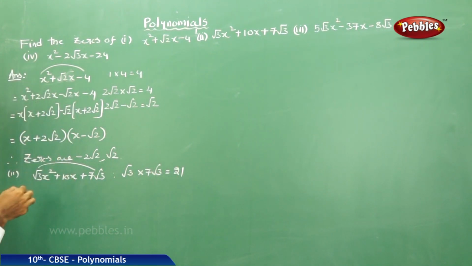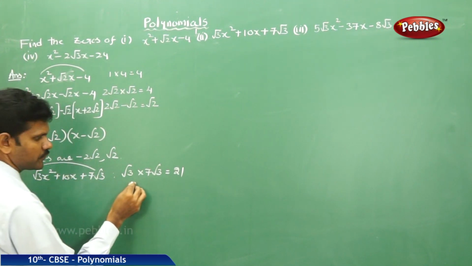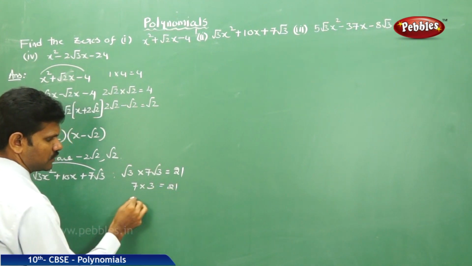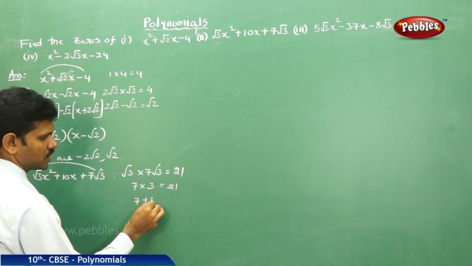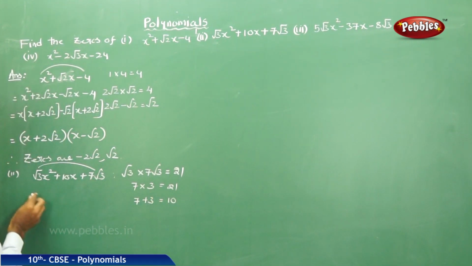For 21 you have to find out the factors. Addition will give you 10. Therefore the factors are 7 threes are 21, 7 plus 3 is equal to 10. Now your factors are 7 and 3. Arrange it in order.